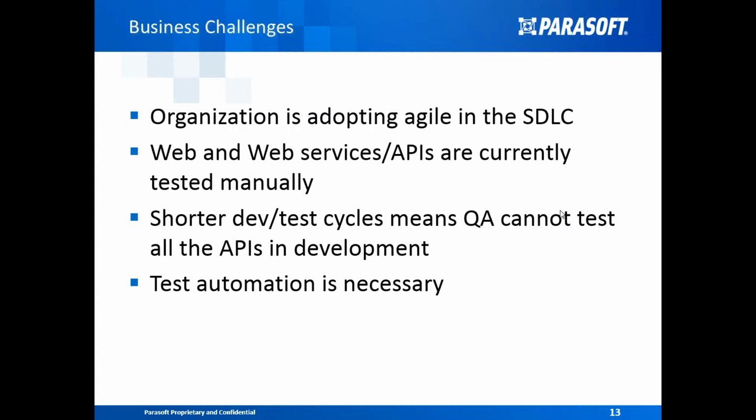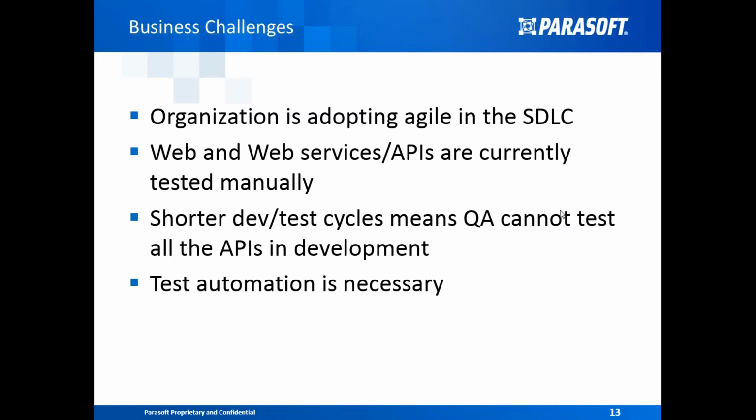All right, so we've learned that your organization is adopting agile methodologies into your SDLC, and as a result, all these sprints and iterations you're working on, the time frames have shrunk dramatically, and it's put tremendous pressure on the testing organization.